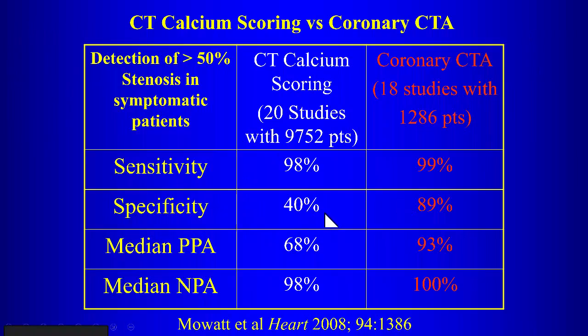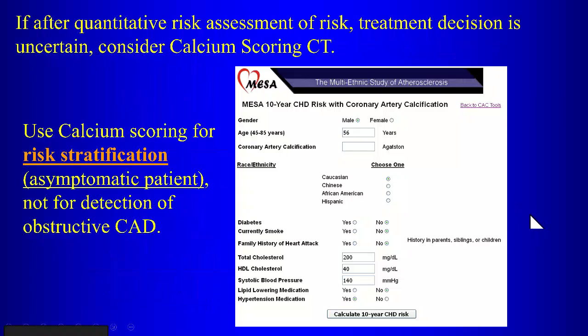Comparing calcium score to coronary CTA, there's no comparison. When we do coronary CTA, of course, we also get a calcium score anyway, right? But in terms of sensitivity, specificity, and positive predictive value, here you're looking for obstructive coronary artery disease, right? And of course, CTA is going to be much better than coronary calcium scoring.